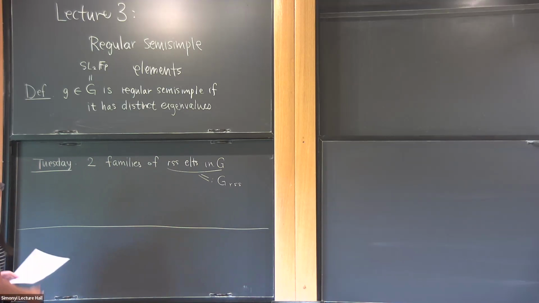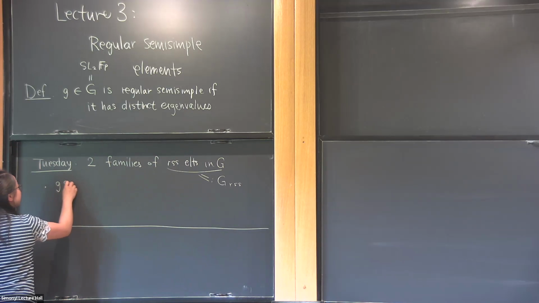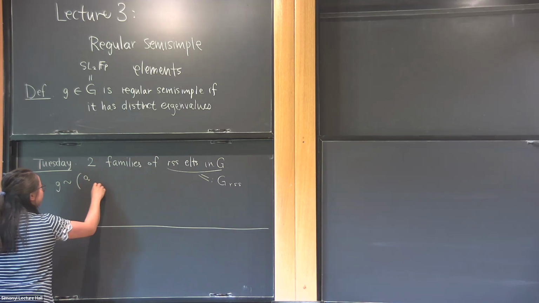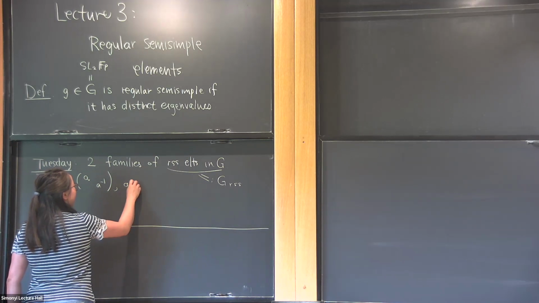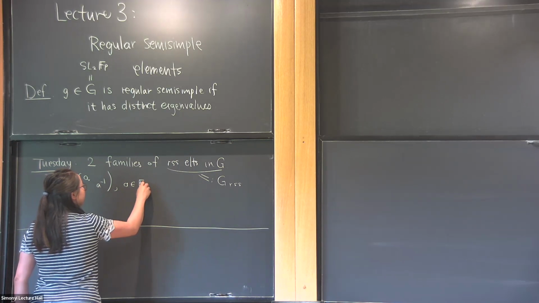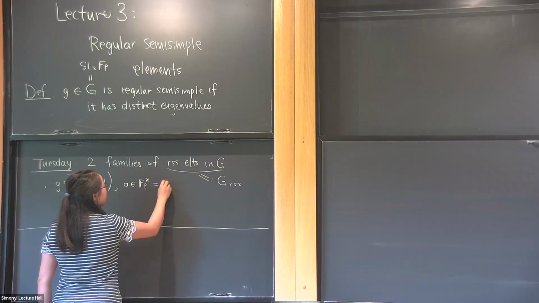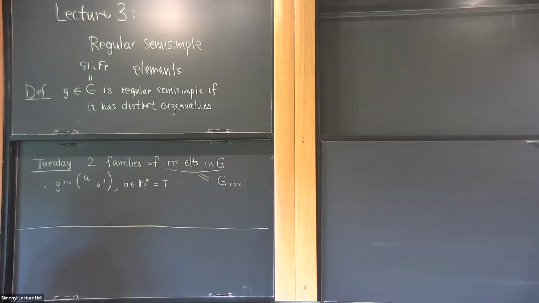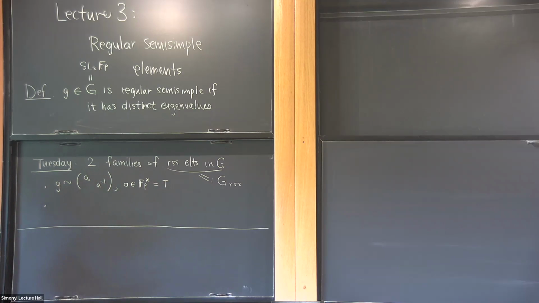So here are the two classes. The first class is that g is conjugate to diag(a, a^-1), where a is inside Fp^x, and this was our T. This was the case where the eigenvalues are inside Fp.